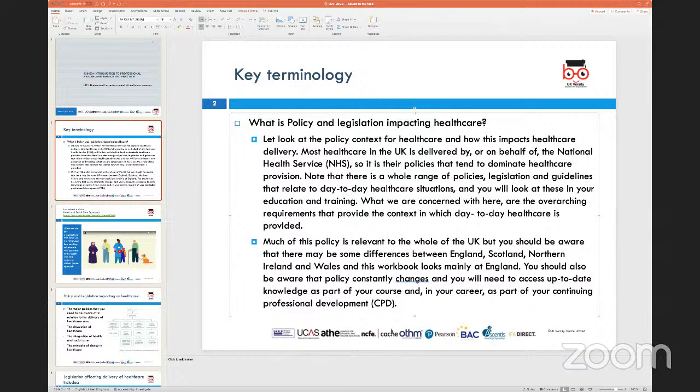It goes through first, second and third readings in the lower house, then goes to the upper house. There is a final reading, it is passed, and then it goes to the monarch for royal assent. It is then signed off, and that is when it becomes an act.